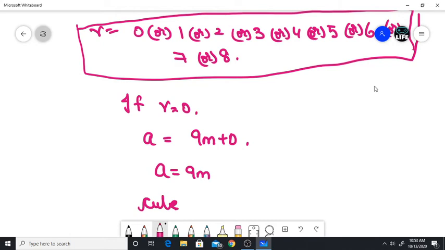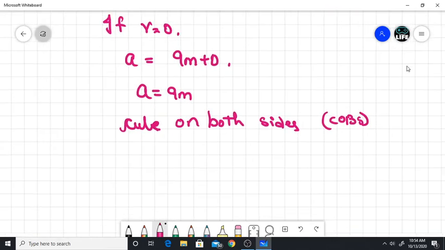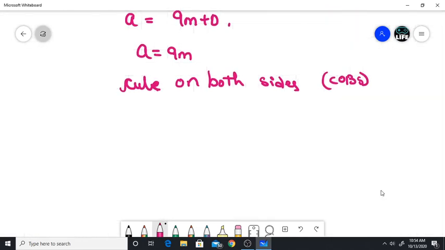So let's cube both sides. Then a cube equals 9m whole cube.